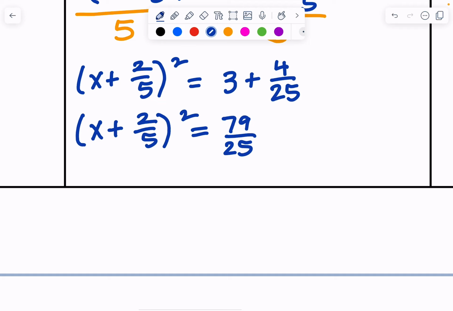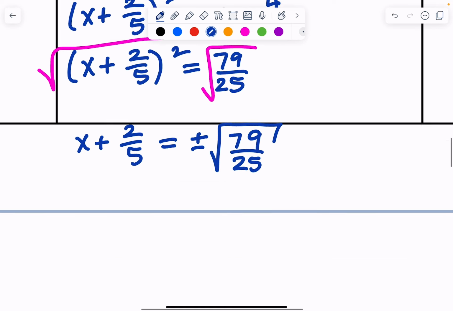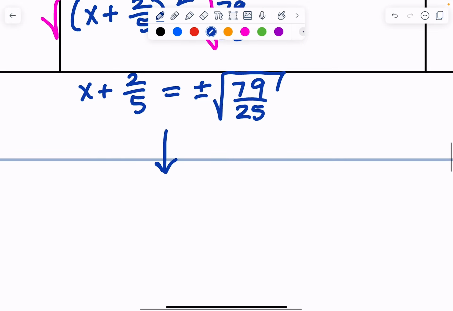And we're going to square root both sides. And that would leave us with x plus 2/5 is equal to plus or minus the square root of 79 over 25. Luckily, the square root of 25 is 5, so we can make that a little prettier.